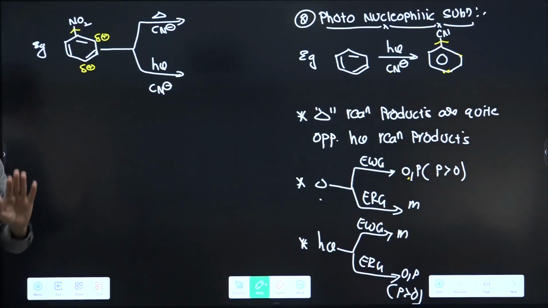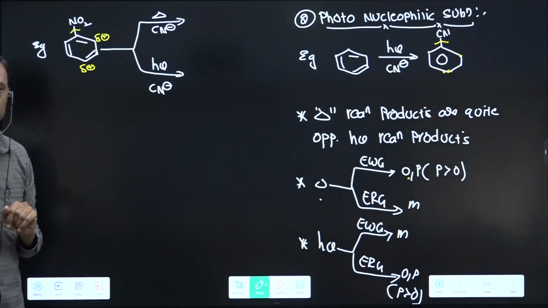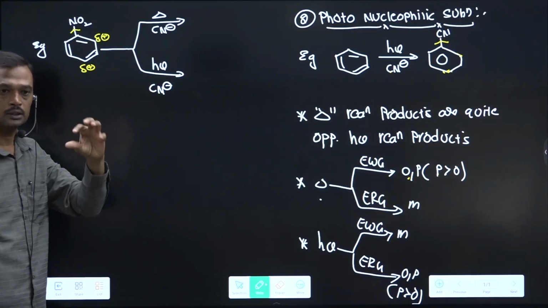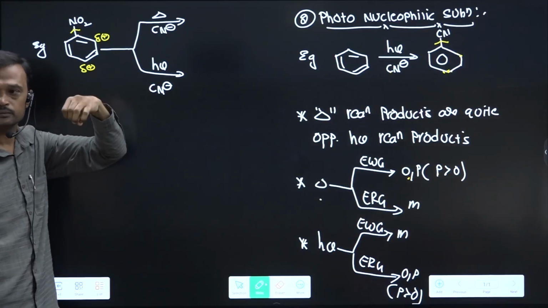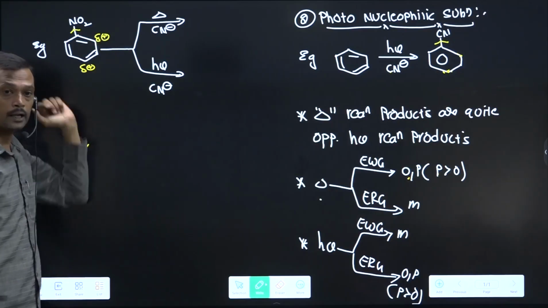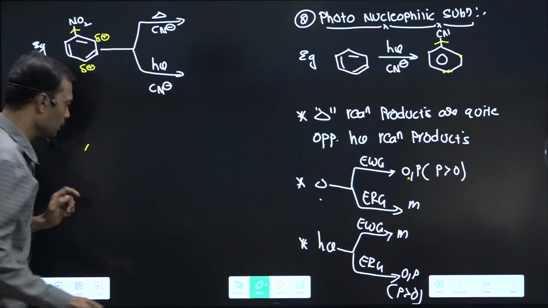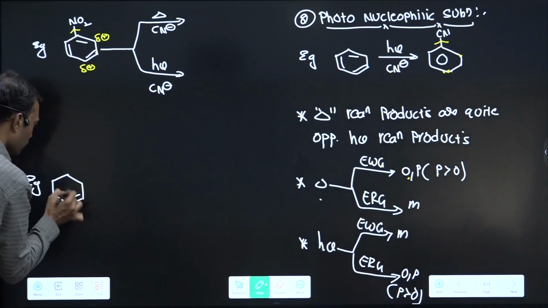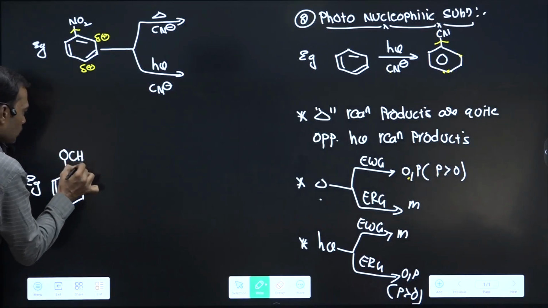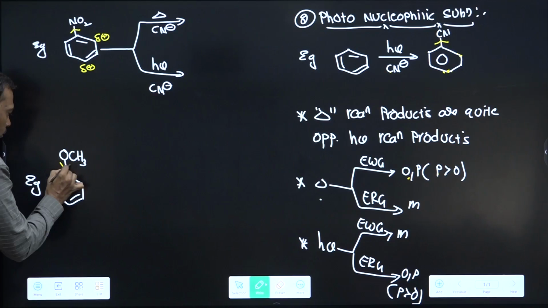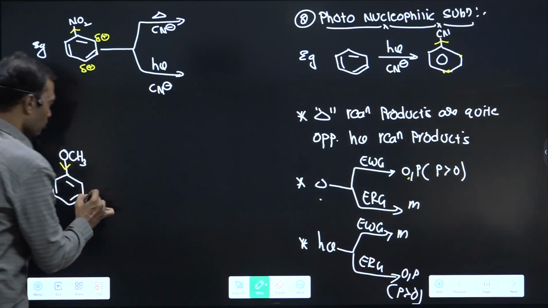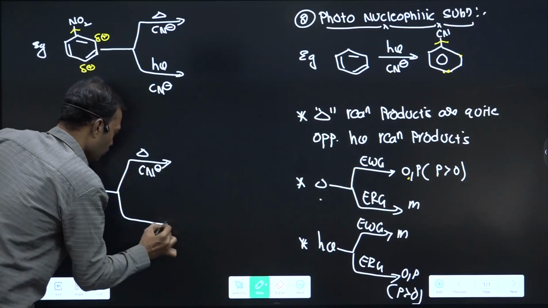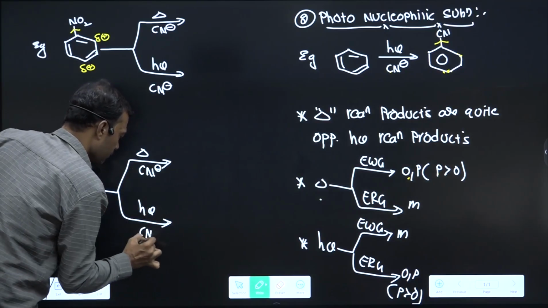Thermally or at room temperature, this is the normal character of benzene. If any withdrawing group is present on benzene, that group can withdraw electrons from which positions? Ortho and para. Suppose I take a releasing group. What is the nature of methoxy? Methoxy is a releasing group. It can release electrons, a mesomeric effect group. Now see the concept: thermally I am adding cyanide ion, photochemically I am adding cyanide ion.